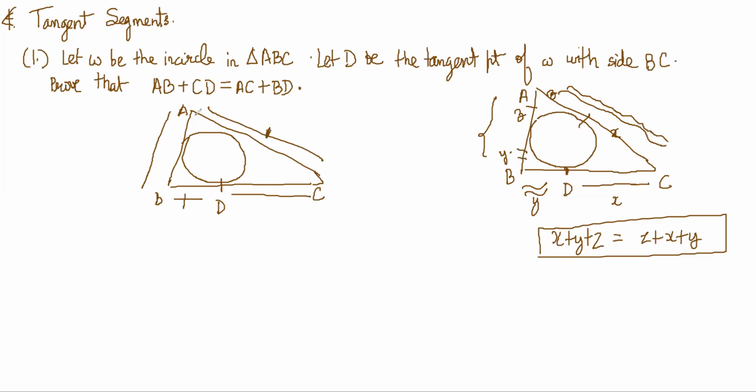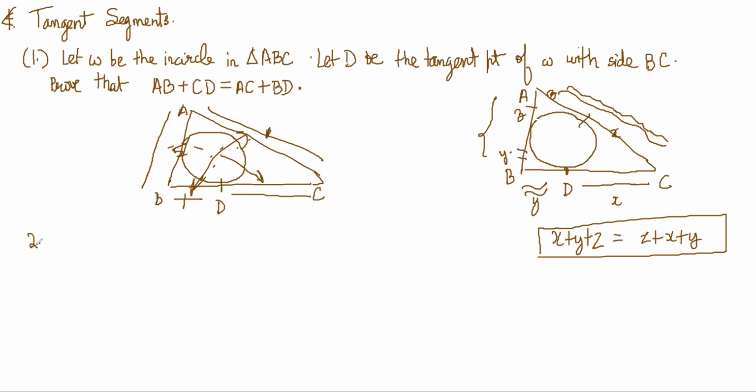AB plus CD is AC plus BD. Are you seeing the thing that is happening? Correct. This and this are equal to this and this. Okay. So this was a very straightforward thing.